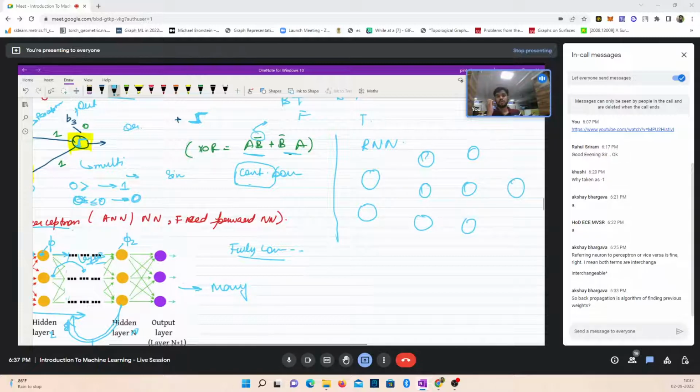How would a feed forward neural network look? It will be connected to every neuron in the next layer, something like this, and then again something like this, and then this being connected to this. This is how a normal feed forward neural network looks.